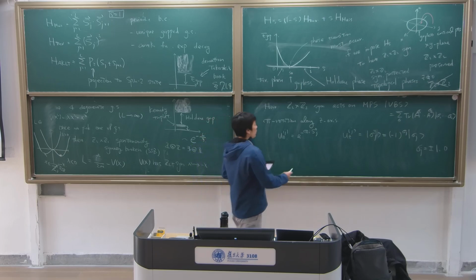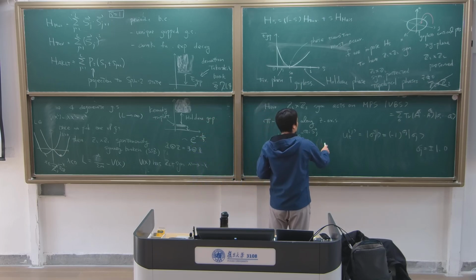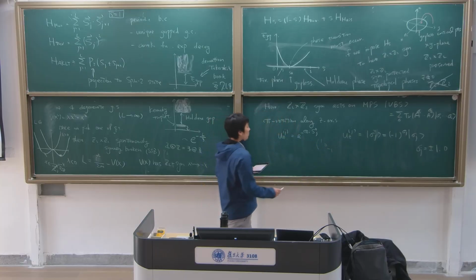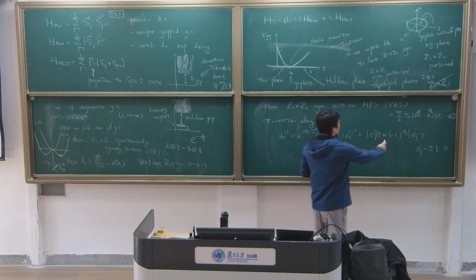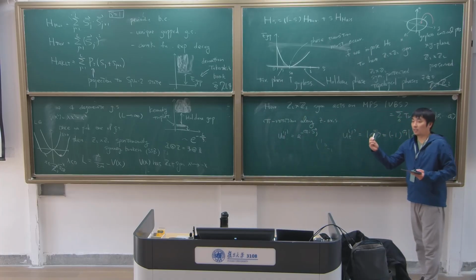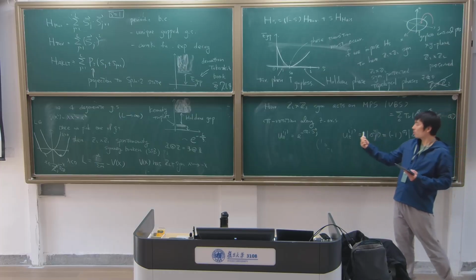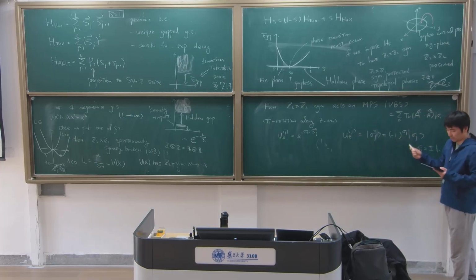So recall that this S_z of j takes values like 1, 0, minus 1. Okay? For example, if you plug that in here, a pi rotation along the axis will give you this.